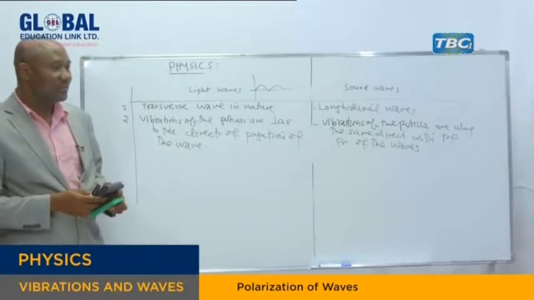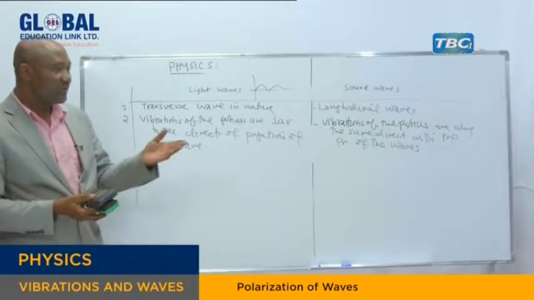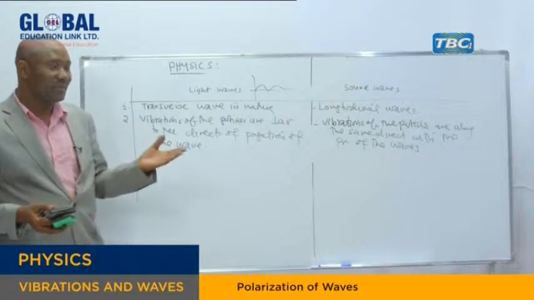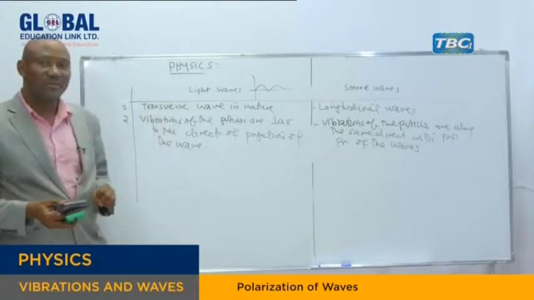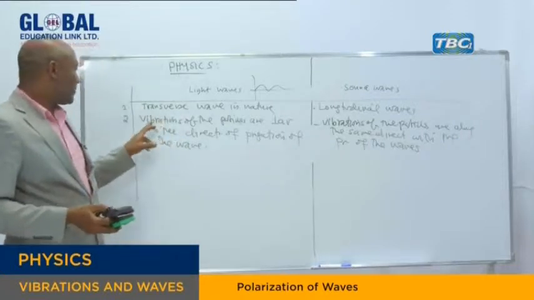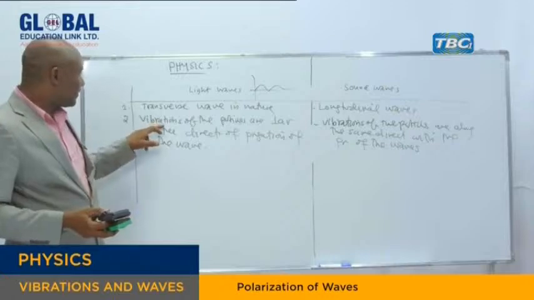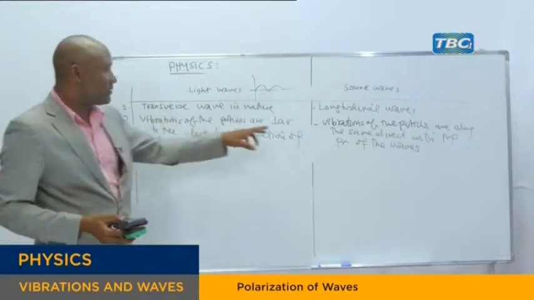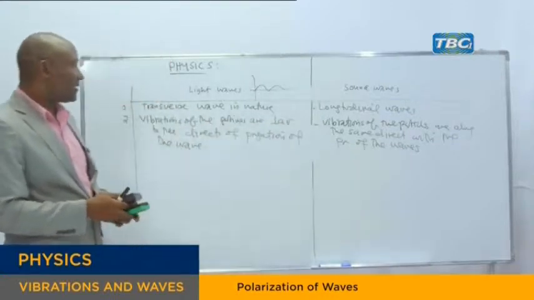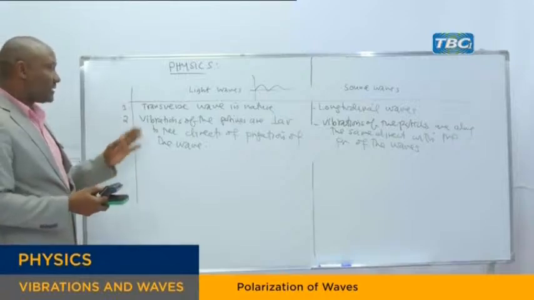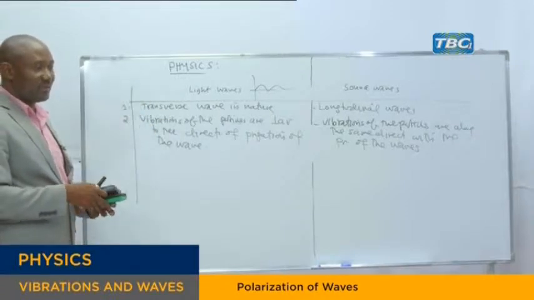It's very difficult to see here, but when you are told to give 4 differences, sometimes you may give points which are not basic. So that's point number 2. You base on the definition of the transverse waves, and then on the definition of the longitudinal waves. You can give even 6 points, depending on the nature of the question.